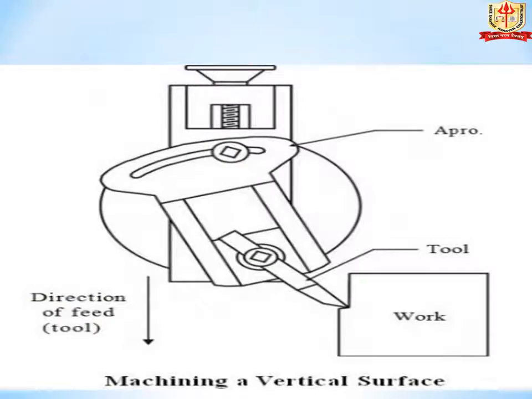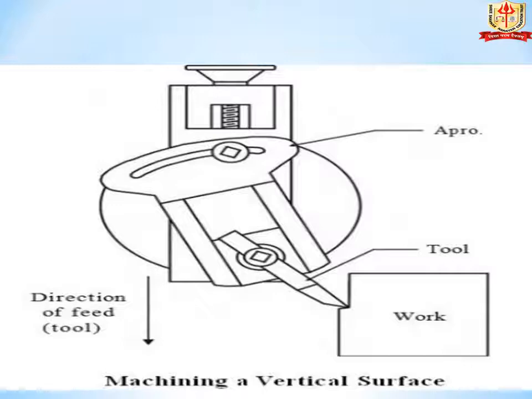Second, machining a vertical surface is the second operation of the shaper machine. The workpiece is tightly secured between the jaws of a vise or a clamp provided with a T-slot of a table. The tool is mounted on the tool post with a minimum overhang. The stroke length of the ram is adjusted. The vertical slide is positioned at zero.